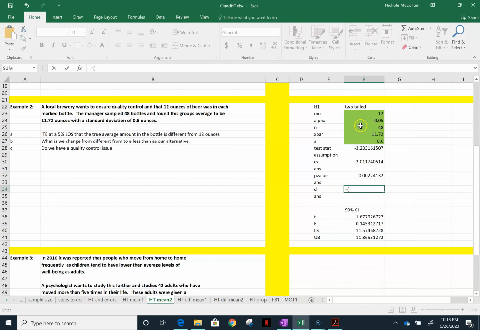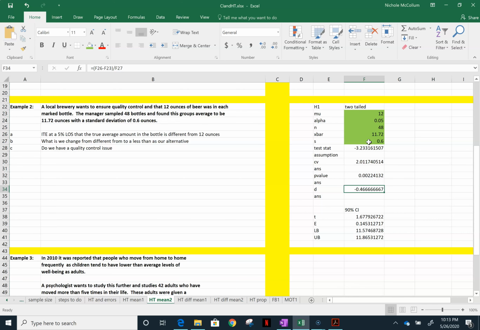So again, it's x bar minus mu divided by s. It's great to be able to automate these, so if you change one of the numbers in green, you could change everything quickly and just recalibrate your conclusion. And there is my d value, my Cohen's d value.